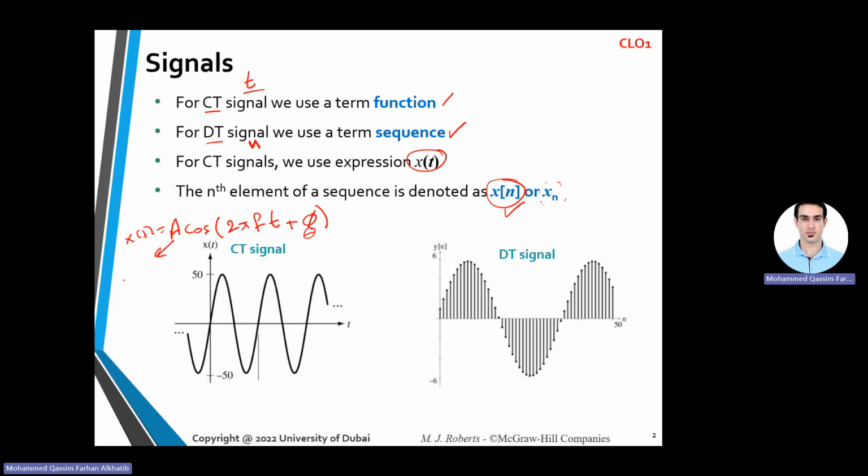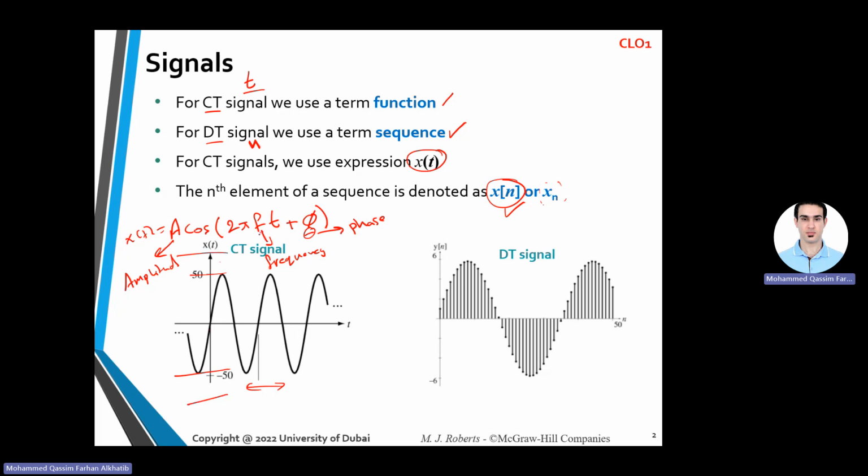We have the amplitude, we have the frequency, and here we have the phase. So phase here will shift the signal left to right. Amplitude determines the y-axis values, like the range of values here. Higher amplitude, you will have higher variations.